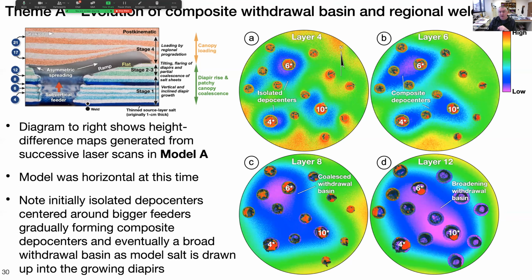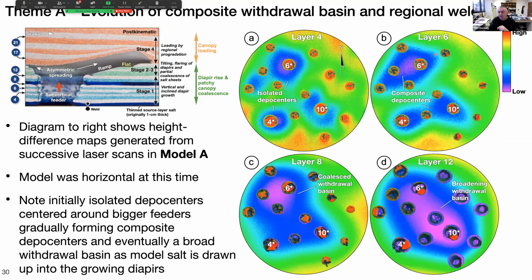These were the 3 larger stocks in this system here. But you can see that we had subsidence all of the way out into the edges of the system here.